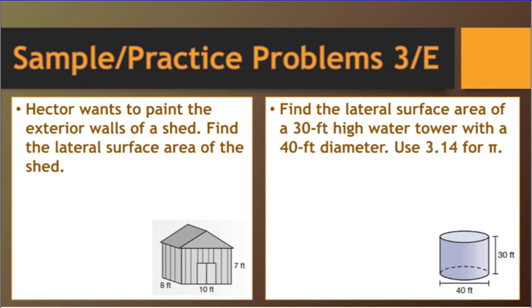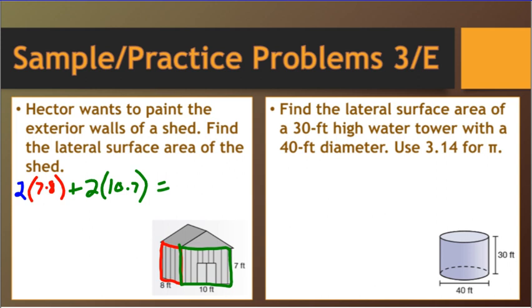So we need to find the lateral surface area, so all the sides. So this piece right here, I have 2 of those. So I have 2 groups of 7 times 8. And then I have this front piece. I have a front and a back, which is 10 times 7. So 2 groups of 10 times 7.